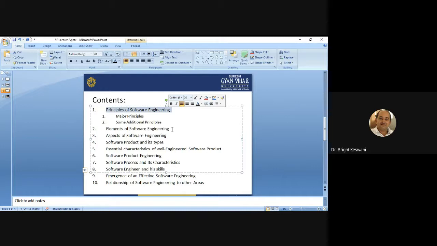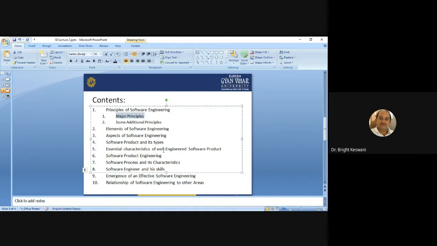So principles are based on the observations, the wisdom, and the concepts used in previous software development projects, maybe some major projects or maybe some minor projects. Let's come to the major principles of software engineering.